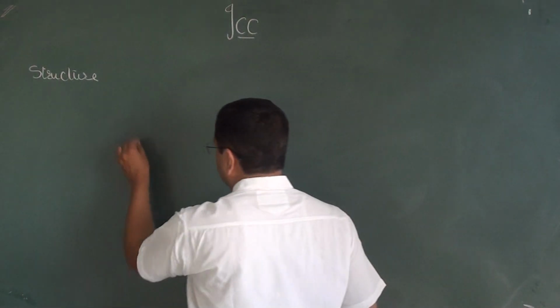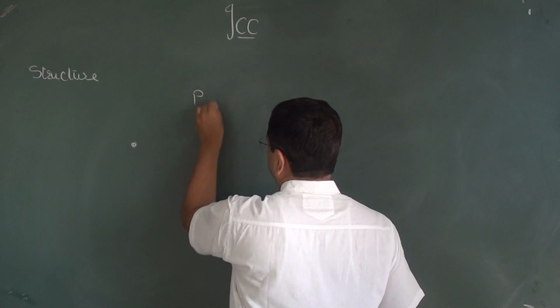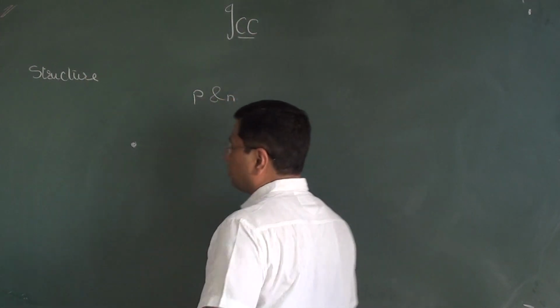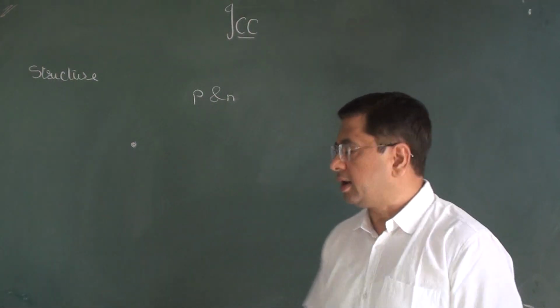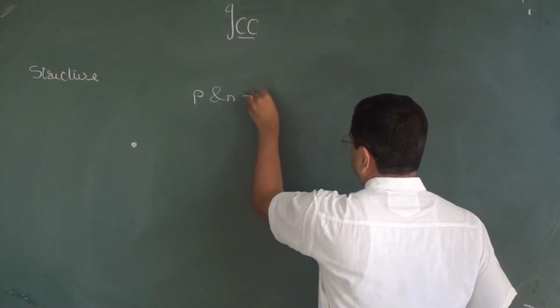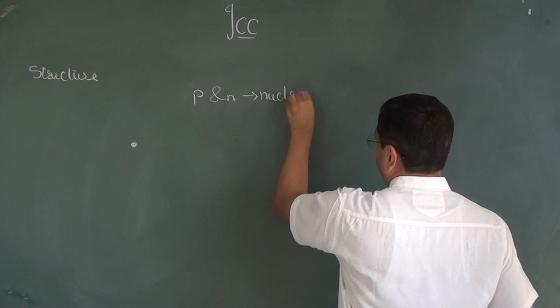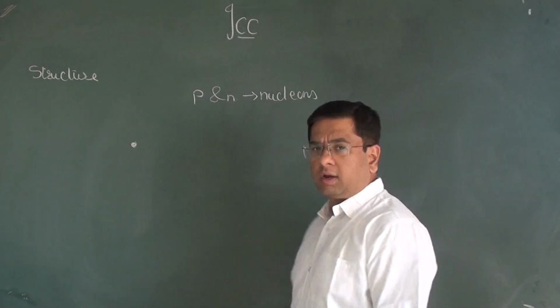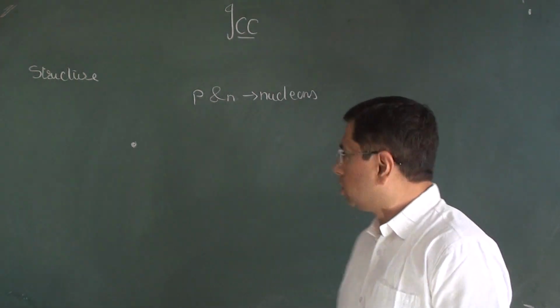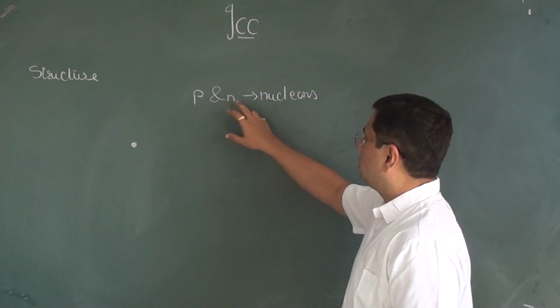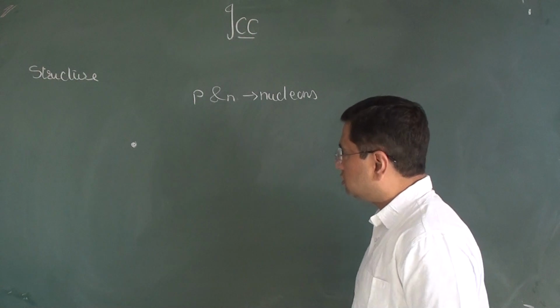So the nucleus consists of protons and neutrons. Protons and neutrons together are referred to as nucleons. Whatever stays inside the nucleus is what we refer to as nucleons.